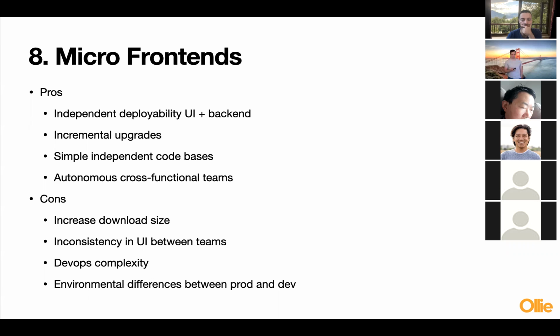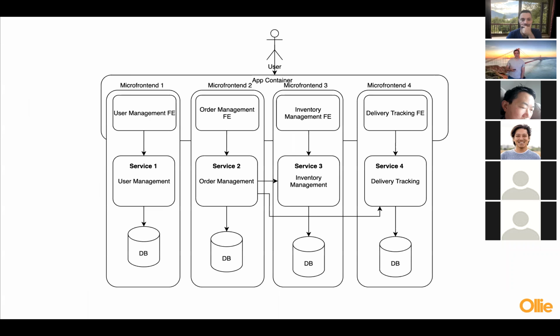Each one of those micro front ends, you can think about them as an iframe, and you can implement them that way as well. So each one of them lives in its own iframe. It's a full page. You can think about it like that. And then each team just looks at their own little page. But in production, they're all one page.